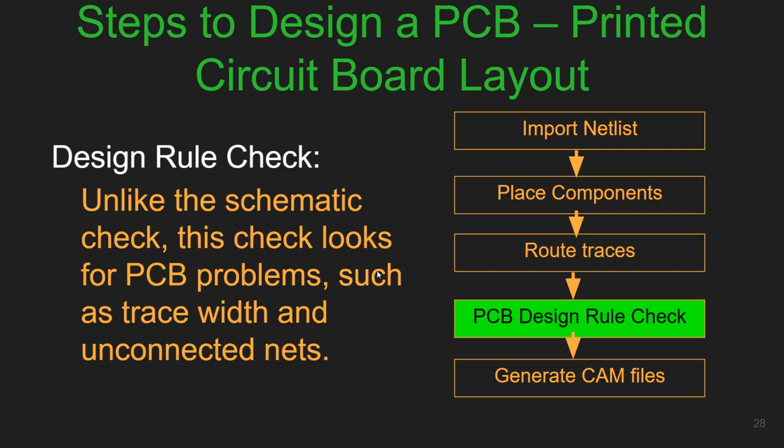Now next comes the design rule check, and PCB design rule check is very important. It is the area of electronic design automation that determines whether the physical layout of a particular chip layout satisfies a series of recommended parameters called design rules. Design rule checking is a major step during physical verification sign off on the design.